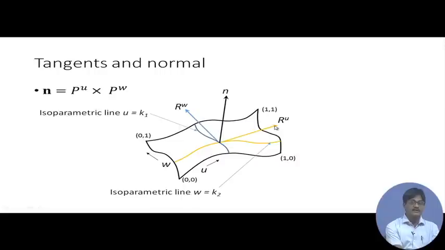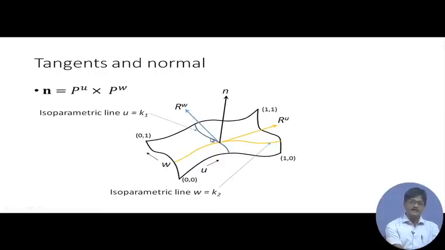This one is the partial of the surface with respect to u, and we are assigning a symbol r superscript u to represent the derivative of the surface with respect to u. It is a partial derivative. In the same manner, if we derive the expression of the surface with respect to w, we are getting this particular derivative, and in space it will look like this one.